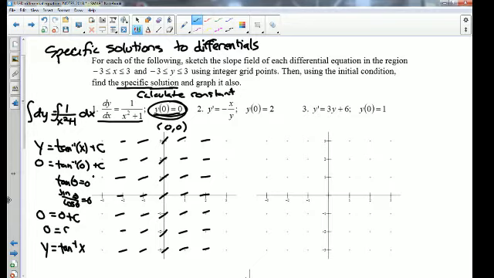Okay, if we need to graph this specific solution, what's one point that we know? 0, 0. Now, can you follow the lines from there? You're just following the slopes. It doesn't have to be even remotely close to perfect.